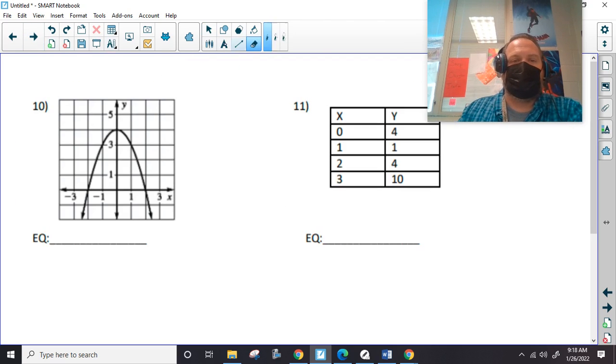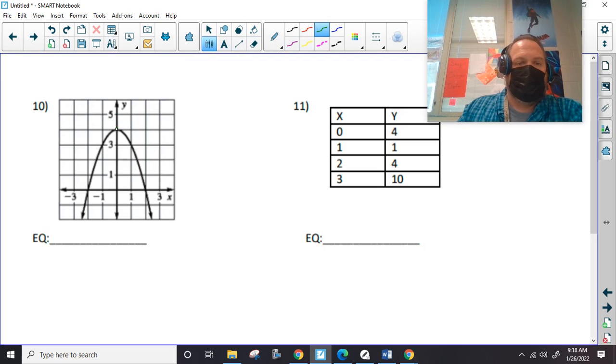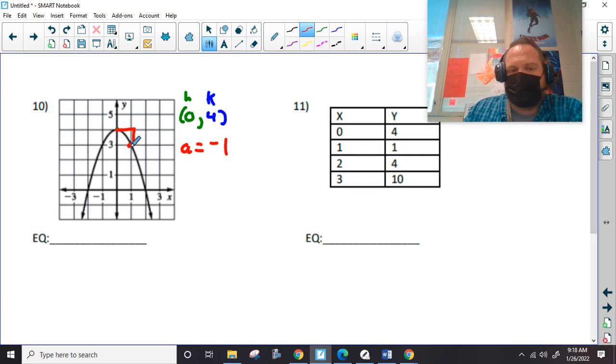All right. Number 10, we have a graph that looks to be at 0, 4. So that's my H. That's my K. All right. My A is kind of like slope. I went over 1, down 1. So my A would be -1. Or if you think about it, the Y's, if this is 4, my next Y value is 3.